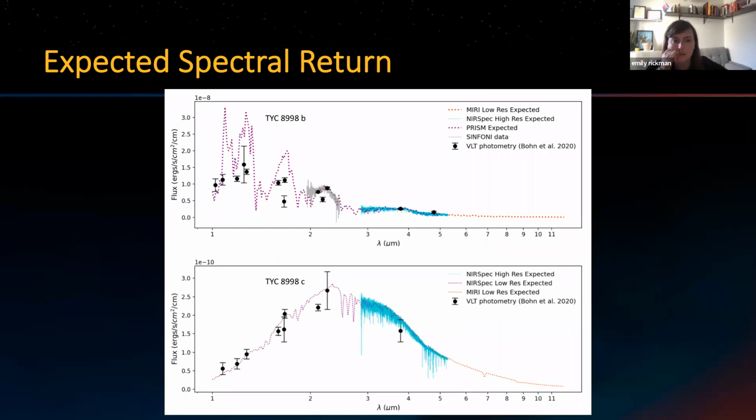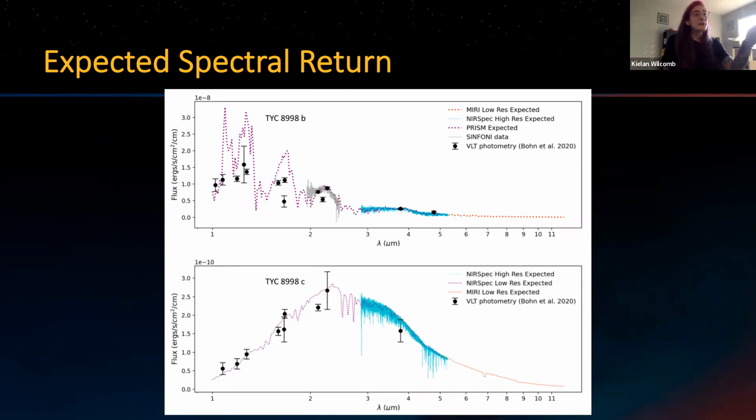Yeah, like in the shorter wavelengths, yeah. So this was actually the best fit BT-Settl model from the Bonnefoy paper, because a lot of the atmospheric models that we have for objects at these temperatures do not look like this. This looks like an upside down bell to me, or literally a Gaussian distribution.